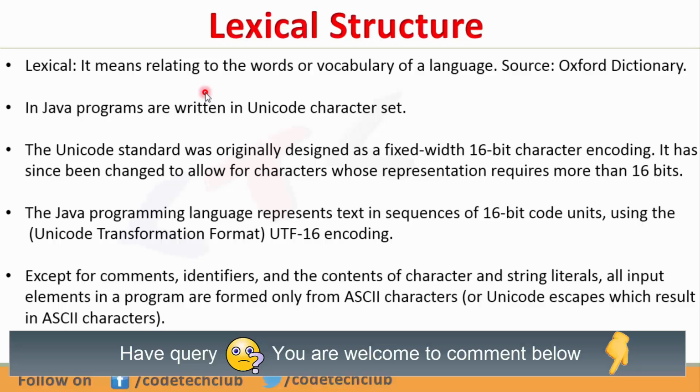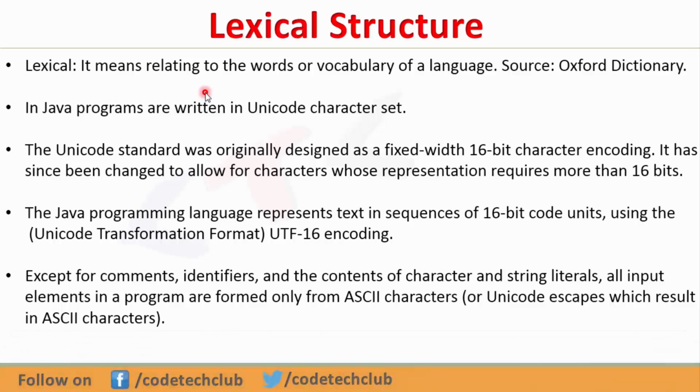Java programs are written in the Unicode character set, and the Unicode standard was originally designed with a fixed width, a 16-bit character encoding system. Later it was changed for characters that require more than 16 bits.